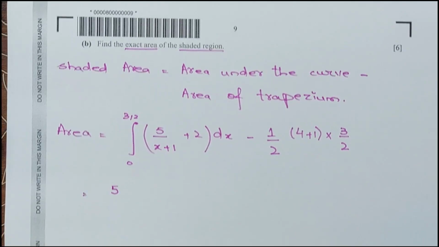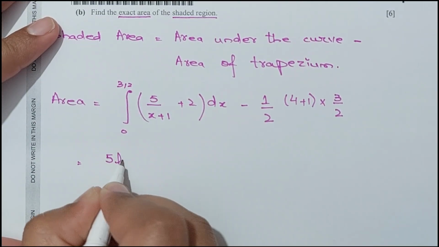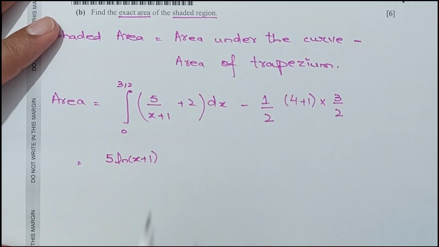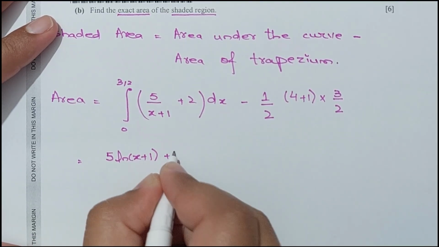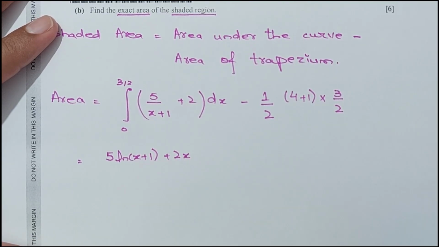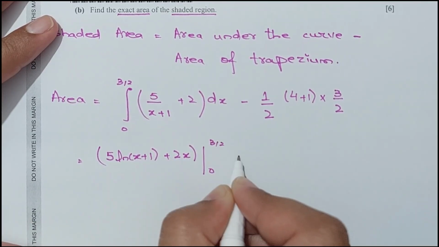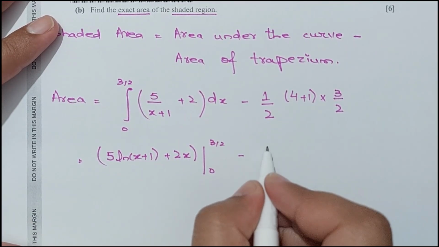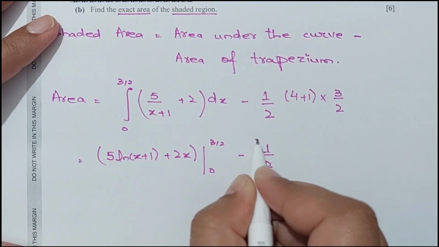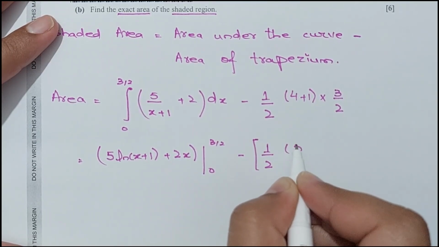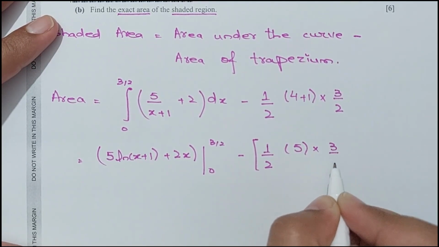Its integration is 5 ln of x plus 1, plus 2x, the integration of the constant, from 0 to 3 by 2, minus 1 by 2 into 5 into 3 by 2.